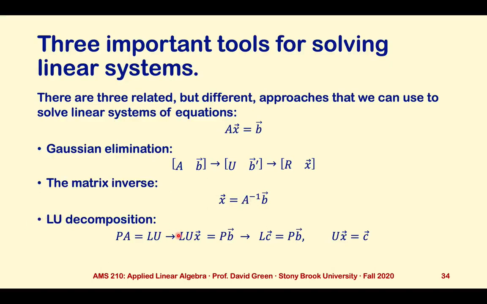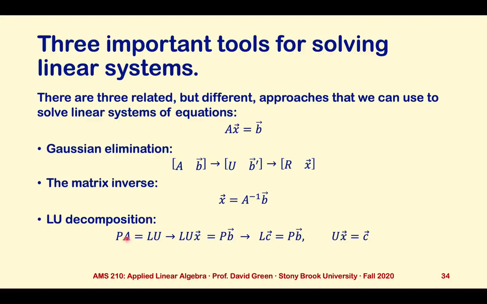And LU decomposition is another way of, in some sense, encoding the steps of Gaussian elimination that we can use to efficiently solve for multiple right-hand sides for the same system over and over again without needing to redo all of Gaussian elimination. It is more generalizable than the matrix inverse, as it's applicable to non-square systems, to systems without a unique solution, and so on.